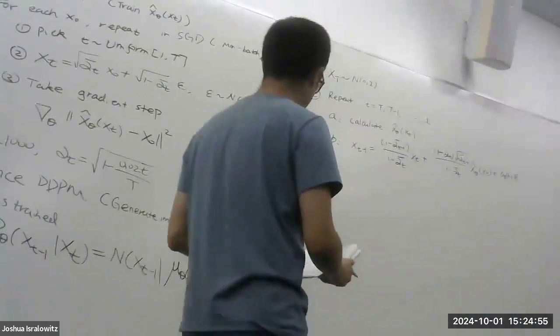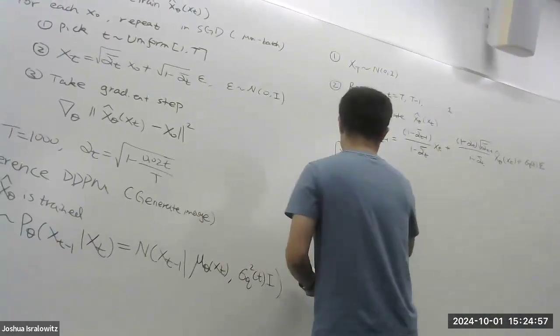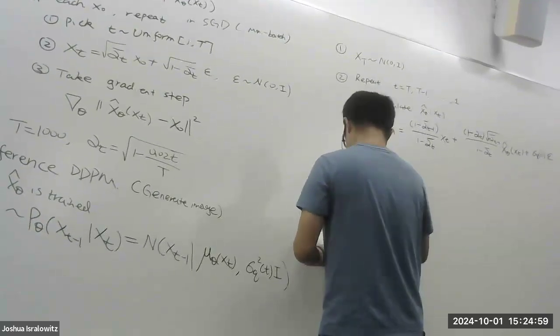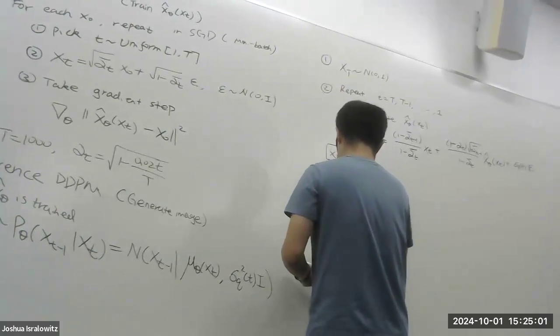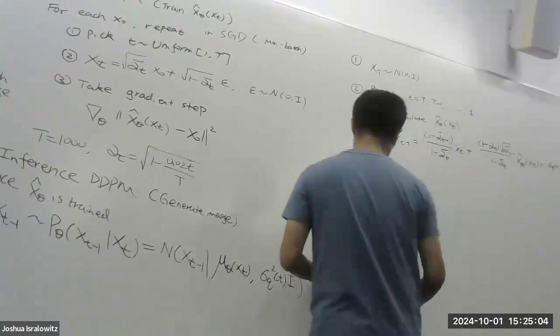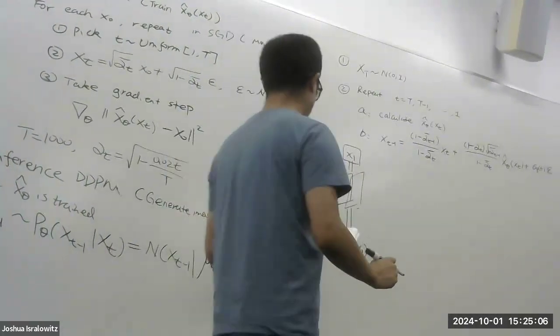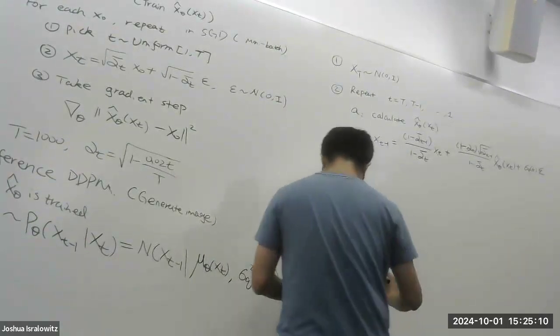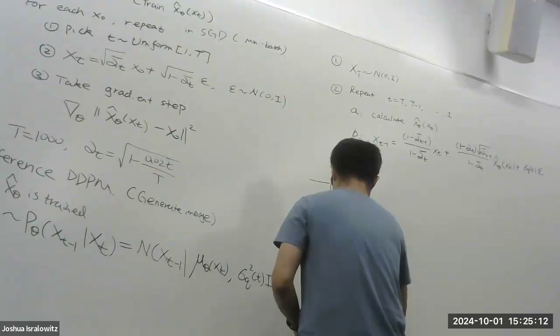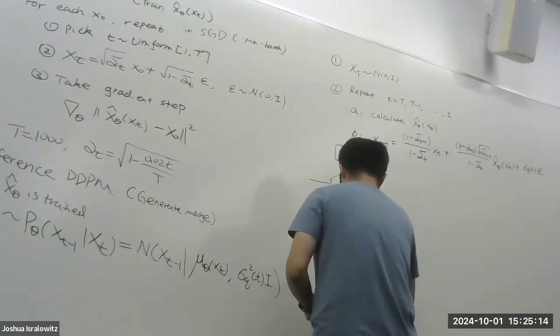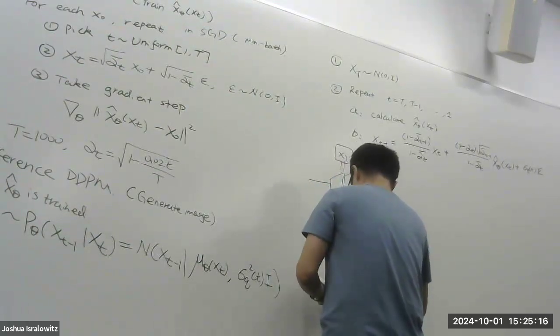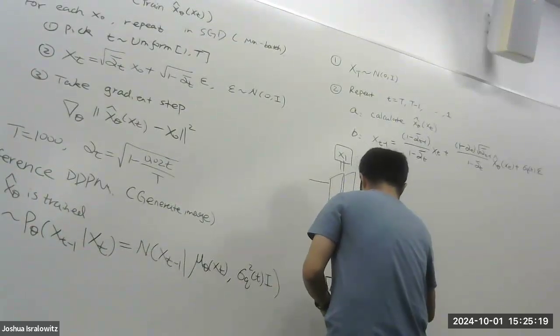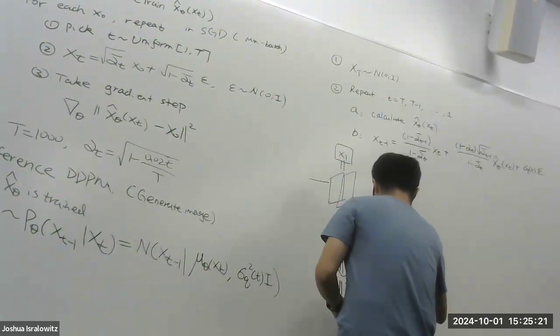Passing through this neural network, it can predict x theta of x1, which is the noise of x1. During training, we can calculate this training loss.